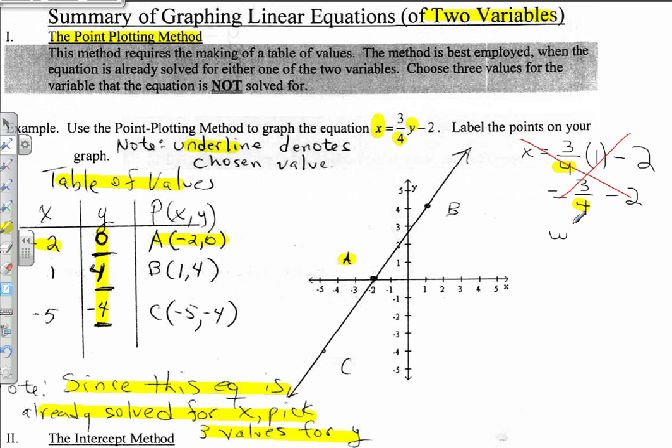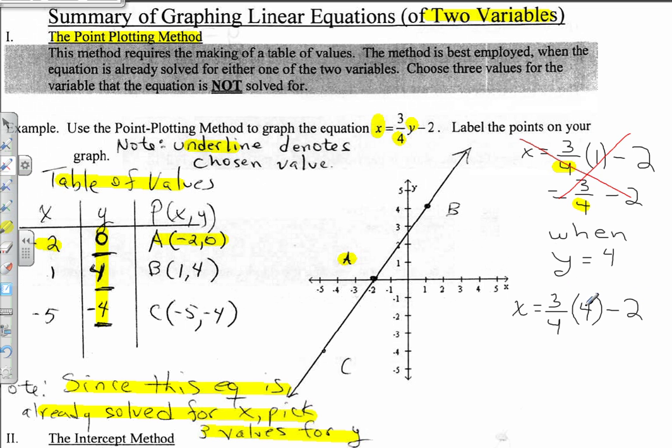You can almost do this in your head, but I'll put it here on paper. So when y is equal to 4, this is what's going to happen. x is going to equal 3/4 of 4 minus 2.